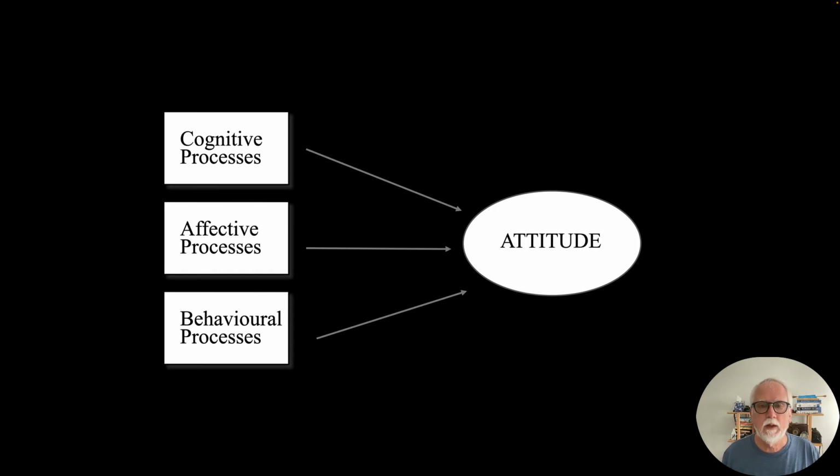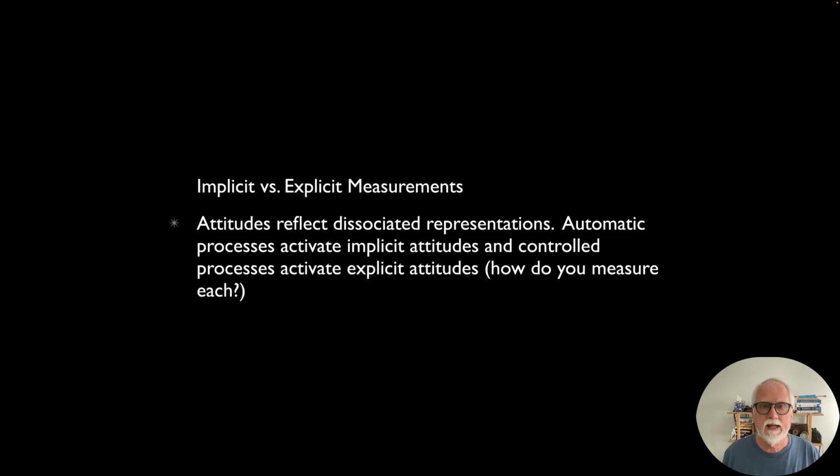Now, if that's the way we think about prejudice, that it's like an attitude, then another thing you'll see when you look at the attitude literature is that there are measurements of attitudes that are both implicit and explicit. The idea is that attitudes reflect dissociated representations, things that are in your mind about how you're supposed to feel or respond to certain things. Automatic processes activate implicit attitudes.